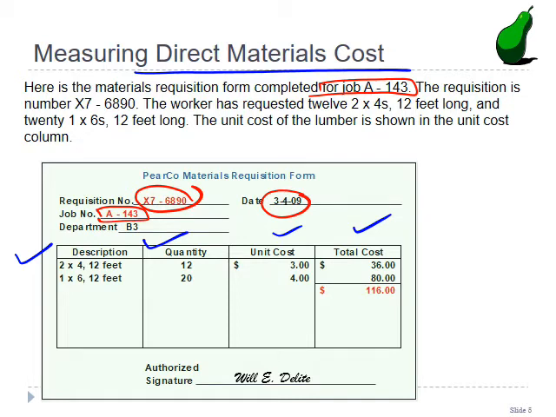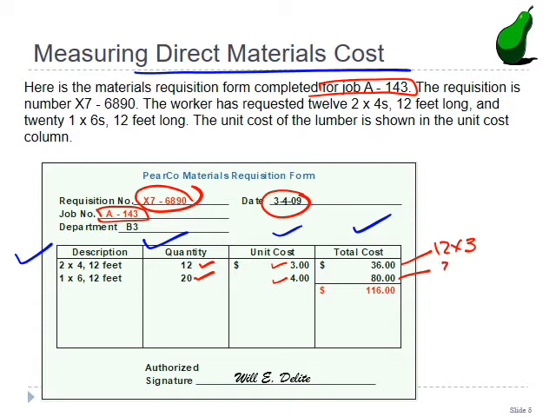The worker has requested 12 2 by 4 logs, 12 feet long, and 20 1 by 6 logs, 12 feet long, from the material warehouse. So you can see the quantities: 12, and 20. The unit costs are 3 and 4. Where did this 36 come from? 12 times 3.